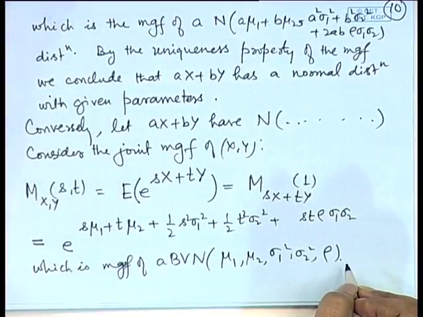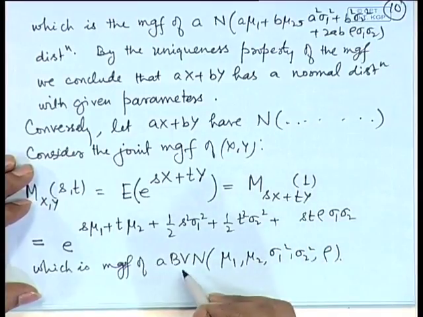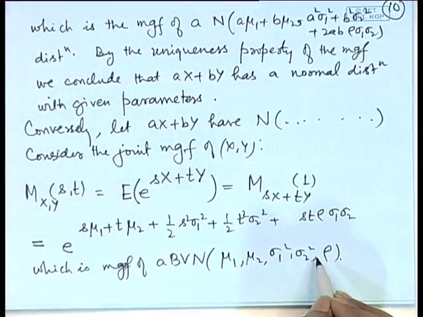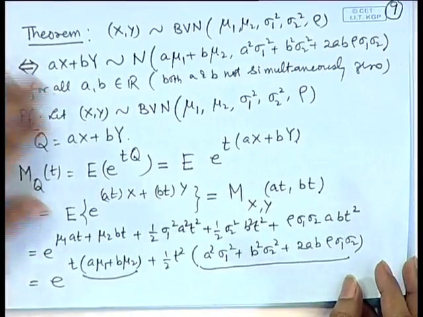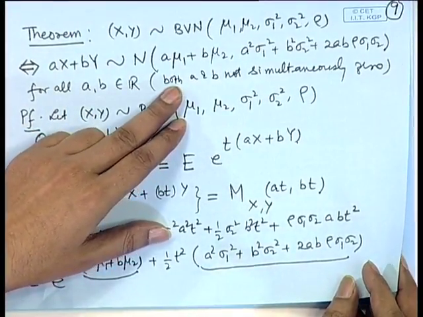So, once again the uniqueness of the MGF proves that x, y must have a bivariate normal distribution. So, notice here that this joint MGF is extremely useful in proving certain characterization properties of the bivariate normal distribution.